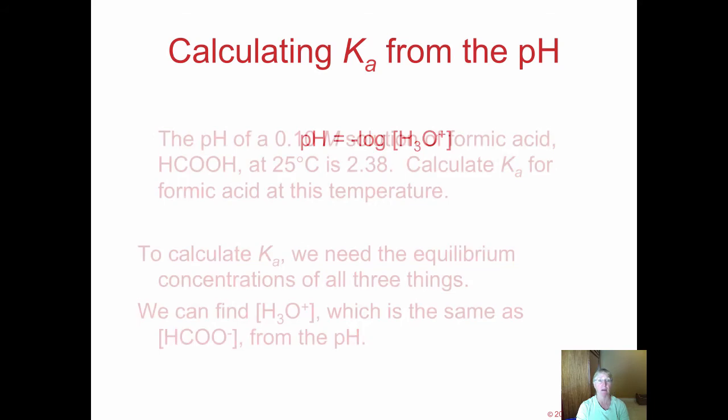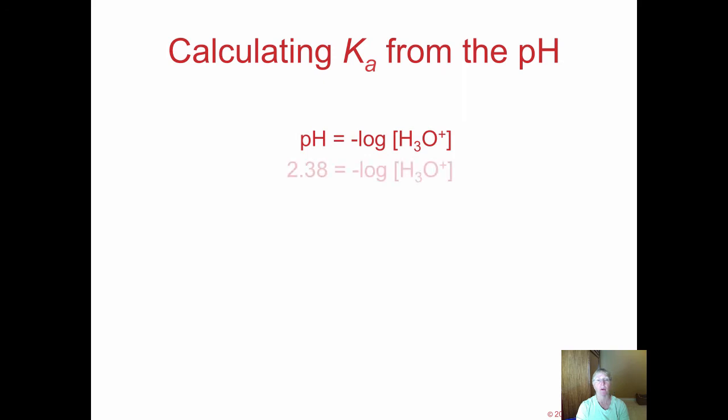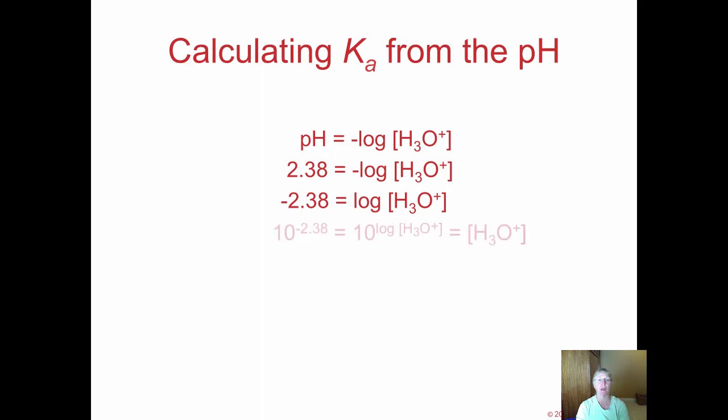So let's take a look at the actual chart here. We're going to need to go from pH into hydronium ion concentration so we can find the equilibrium concentrations of the acid. And that's pretty simple to do. You just take 10 to the negative pH. We're doing something called an antilog. So 10 to the, make sure you make the pH negative, 10 to the negative 2.38 will equal the hydronium ion.